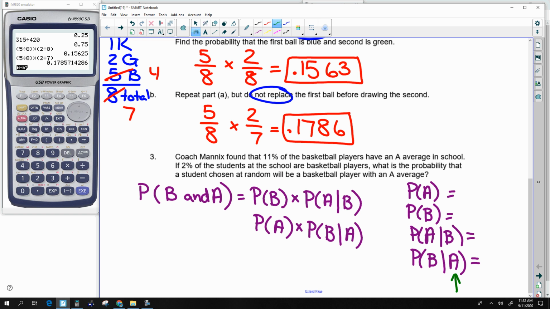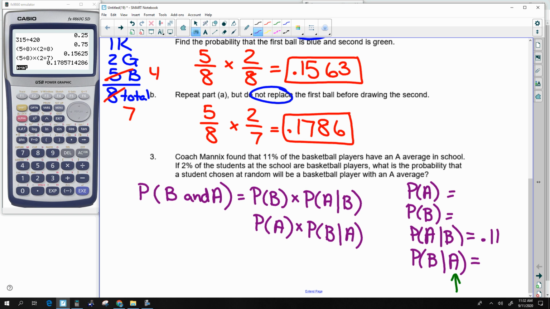Let's see what we have. Coach Mannix found that 11% of basketball players have an A. So the population is basketball players, and we're selecting A's from those basketball players.